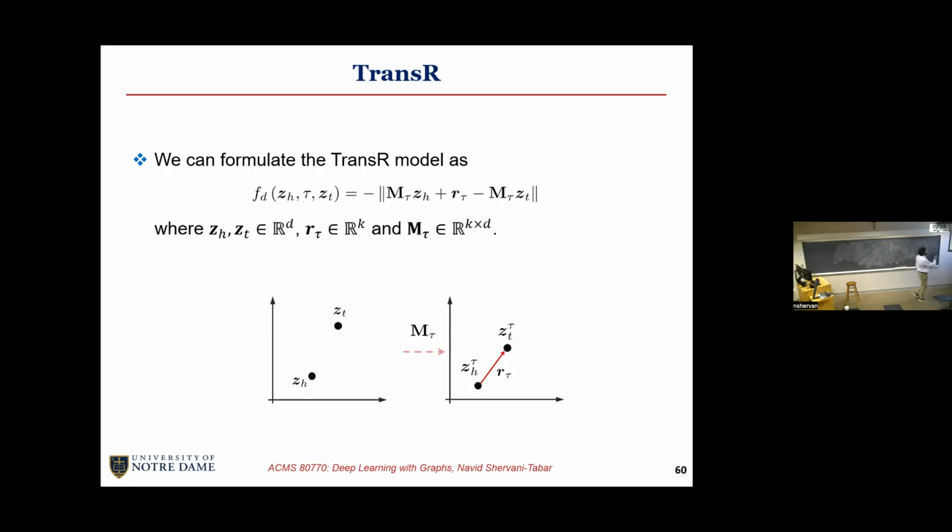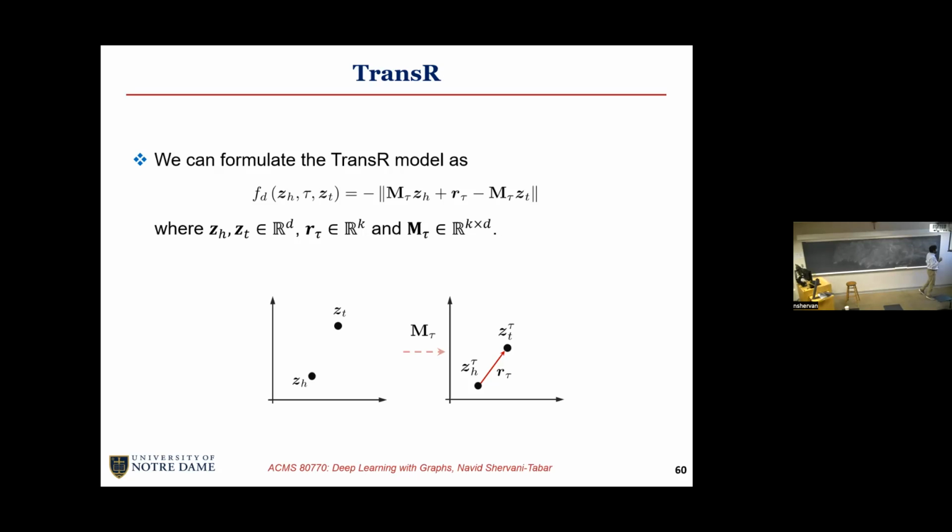So now I formulate that as below. I have the same formulation as trans-E, except that now I have projected my node embeddings, my entity embeddings, into different vector spaces. So here, instead of ZH, I'm translating the projection of ZH, and instead of ZT, I am comparing it with the projection of ZT, based upon the particular type of edge that I have between these two.